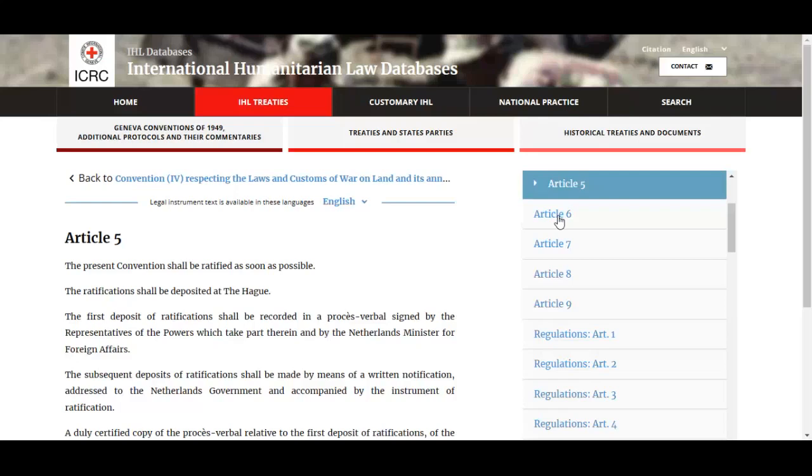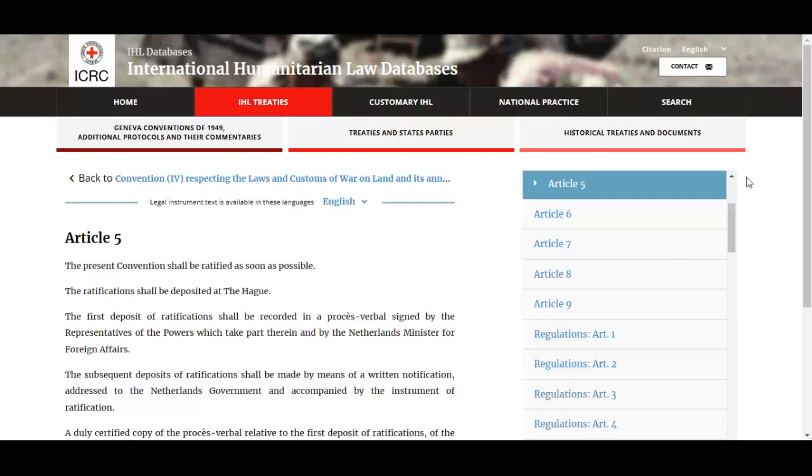The first deposit of ratification shall be recorded in a protocol signed by the representatives of the powers which take part therein, and by the Netherlands Minister for Foreign Affairs. The subsequent deposits of ratification shall be made by means of a written notification addressed to the Netherlands government and accompanied by the instrument of ratification.